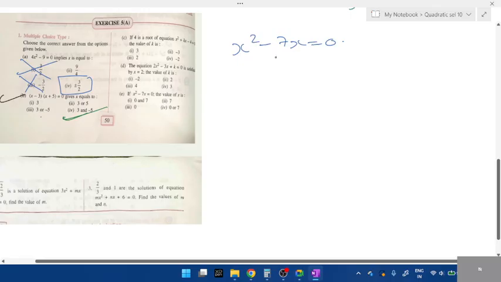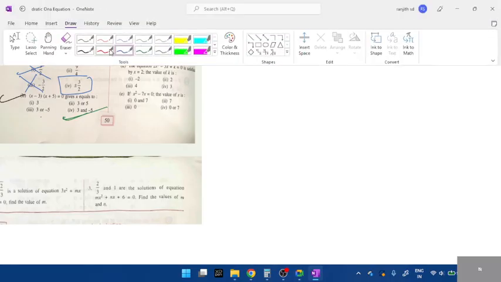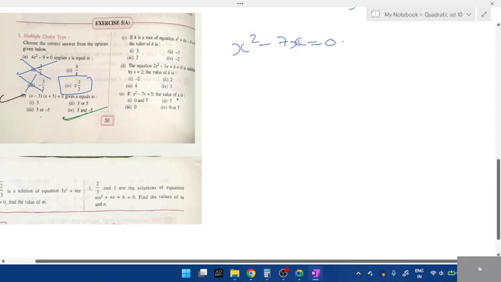You all have to respond. I've already taught this. Okay, no, I didn't teach. Look here. Is any x value given? No, right? We need to find. Okay. What is common to them, students? What is common?